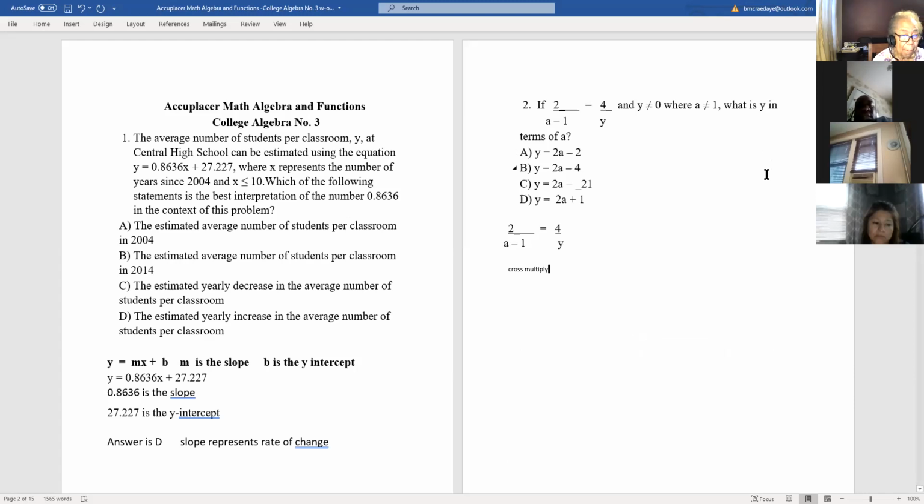It's going to be 2y. Okay, 2y, that's good. 2 times y would be 2y. And that's equal to 4a minus 4. Okay, so let's write it as a product: 4 times a minus 1.